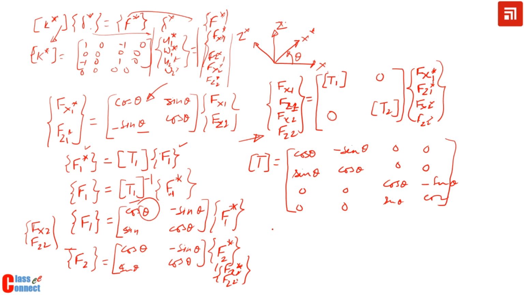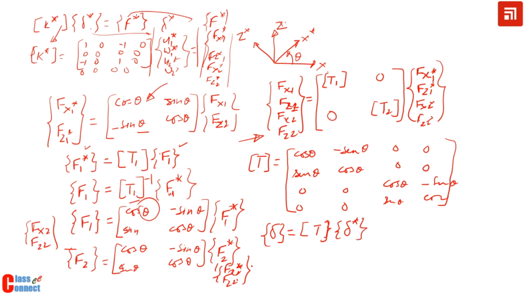So now we can write down for the nodal vector: the local nodal vector is given by the transformation matrix multiplied by the global nodal vector.